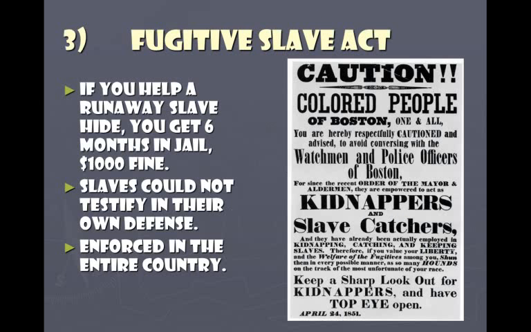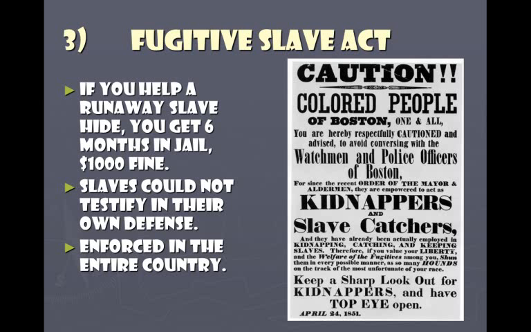It is such an important piece of legislation that it can be called a cause of the Civil War all on its own. The Fugitive Slave Act said that if you helped a slave run away, you could be put in jail and pay a significant fine. This was a very powerful idea because prior to this point, I'm sure you've heard of the Underground Railroad. You know that slaves ran away.